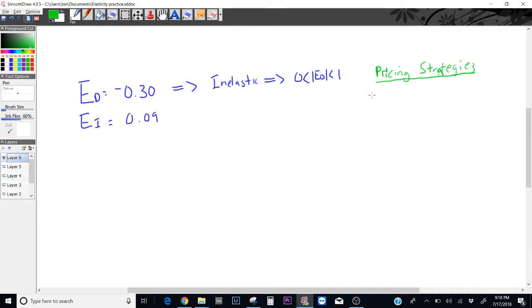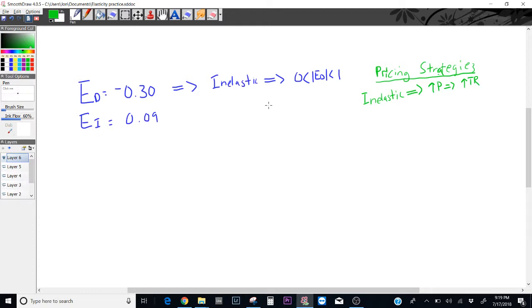So if you are a manager and you're selling an inelastic good, or the product that you sell is inelastic, what you want to do is increase the price to increase your total revenue. Because as you increase the price, consumers may cut back, but it's going to be just a small amount. And what we see is that large changes in price lead to very small changes in quantity demanded, which means that your total revenue would actually increase.